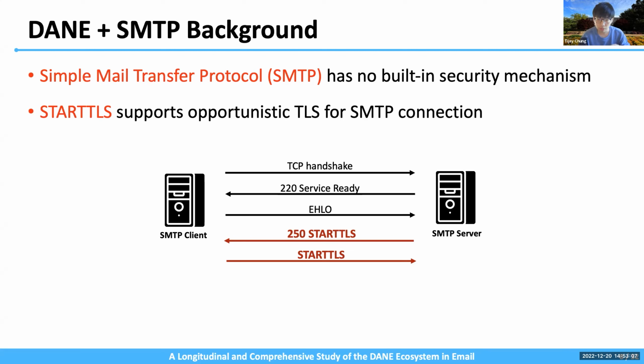Okay? Similarly, the server sends a command to the client. Do you remember that in the last class I mentioned that one of the reasons why there are so many security extensions of the email protocol is to support backward compatibility?